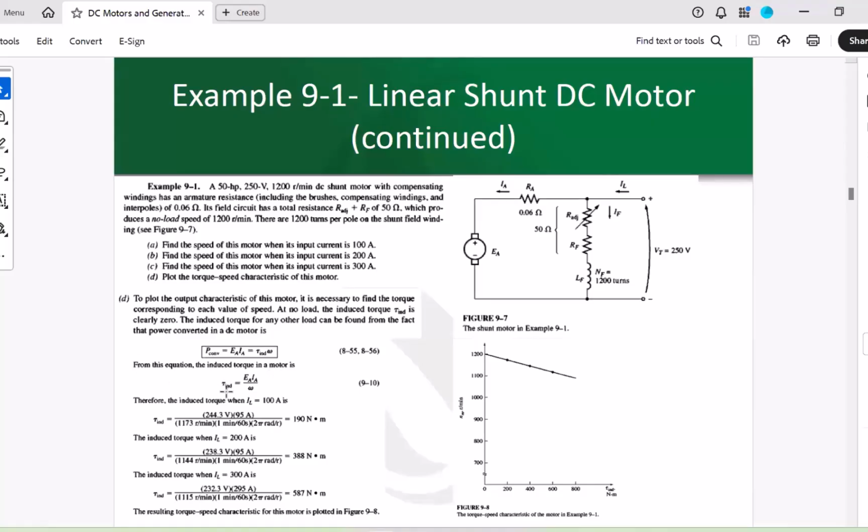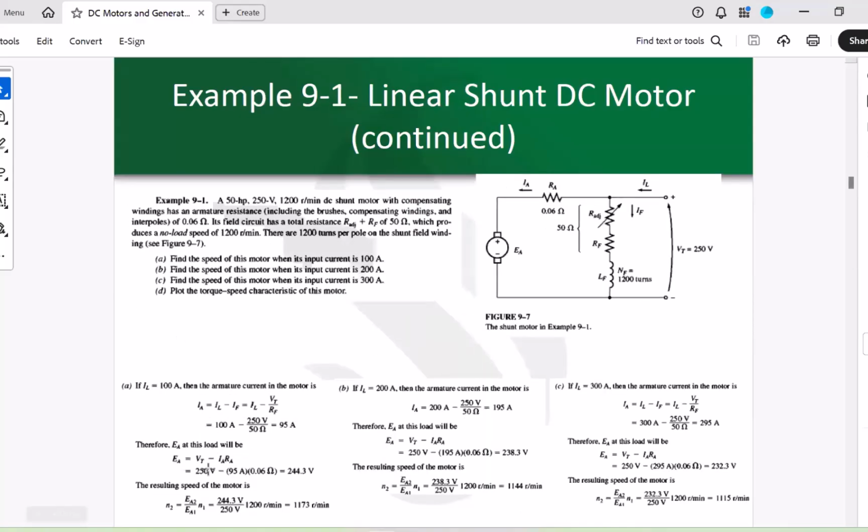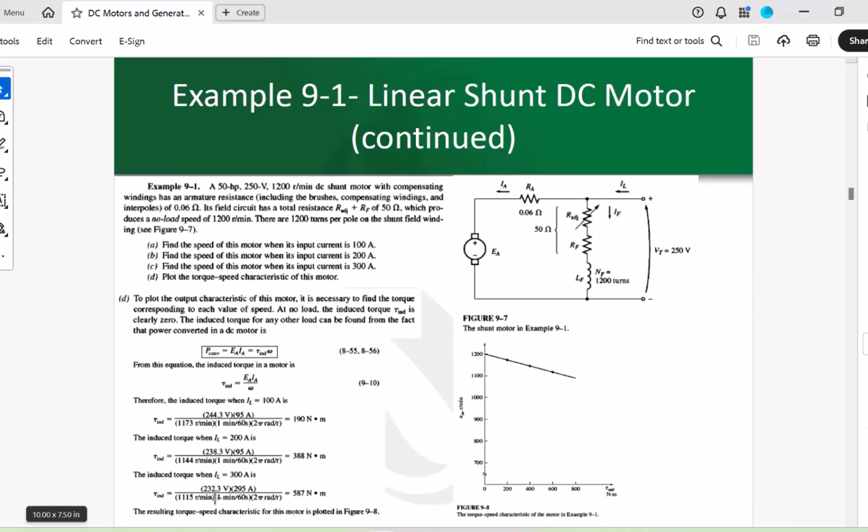From this equation, you can find tau. So at every loading condition, you can find EA, IA. You can find omega, like what we did here. You found N, and through N, you can find omega, and you can find tau. And then you can just plot tau based on your N. This process can be repeated for all loading conditions.